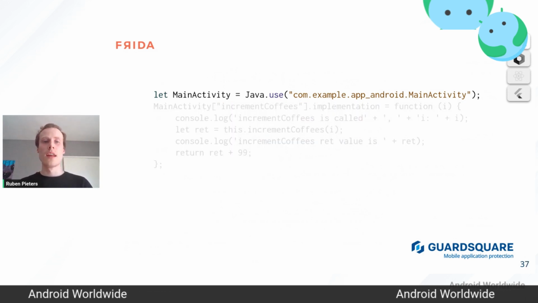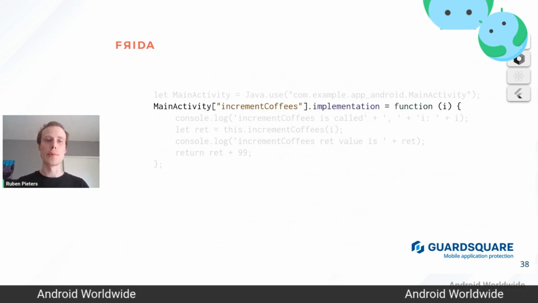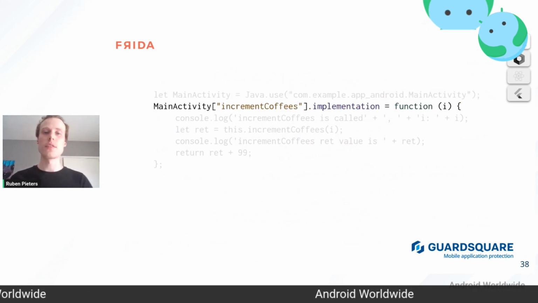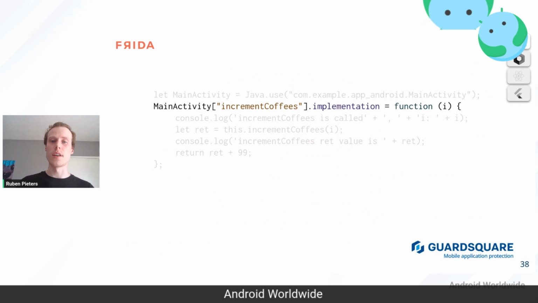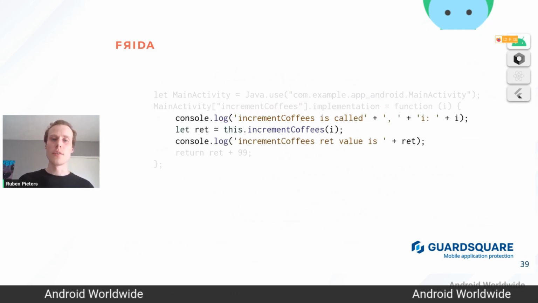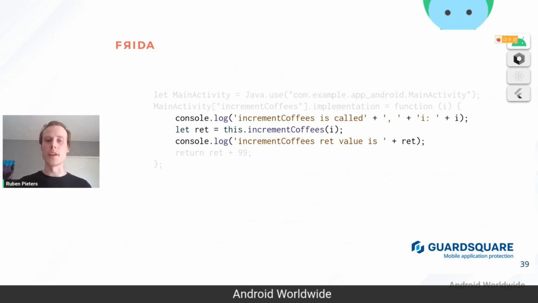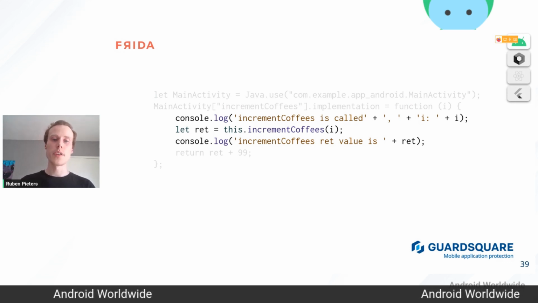The first statement is just that we're using the Java API, and then we will look for the main activity. Then we will look for the increment coffees method on this main activity, and we'll modify its implementation. The modified implementation wraps it with logging. So we log what's coming in, we log what's going out, and inside we call the original implementation.